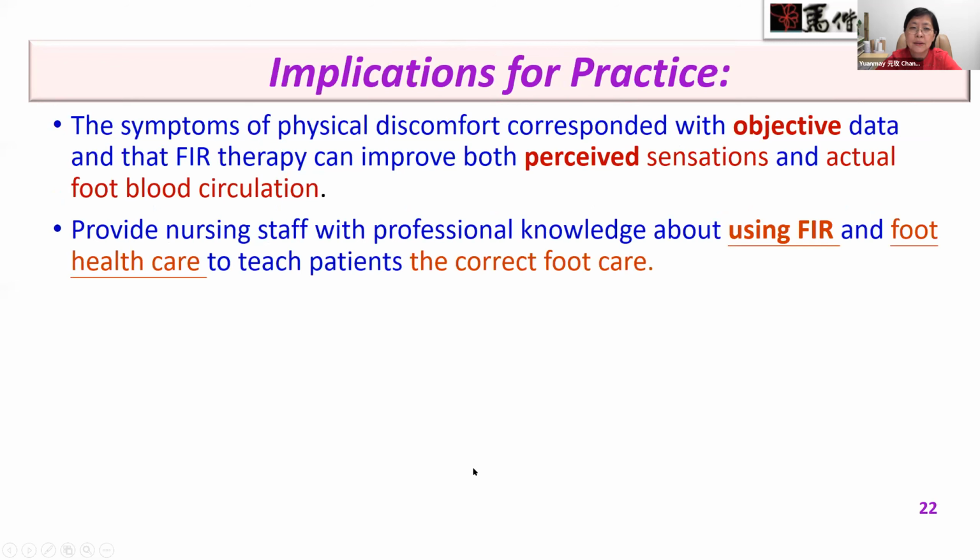Implication for practice: the symptoms of physical discomfort corresponded with objective response, and FIR therapy can improve both perceived sensation and actual function, foot blood circulation. It provides nursing staff with professional knowledge about using FIR for foot health care, to teach patients the correct foot care.